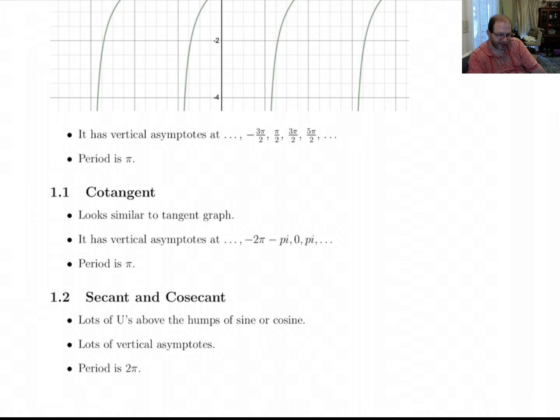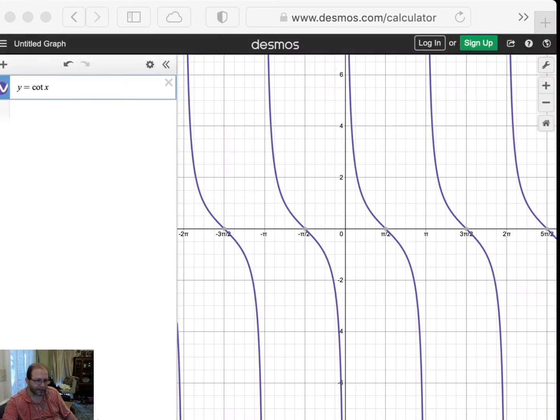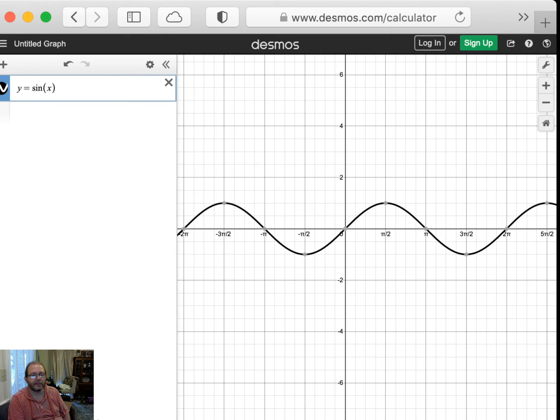Now, the secant and cosecant: lots of u's above the humps of sine and cosine, lots of vertical asymptotes, and their period is 2 pi. I do want to play with this for a minute. I'm actually going to graph sine x.